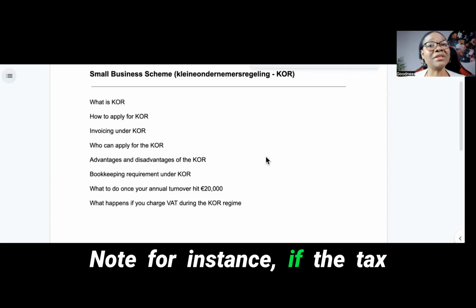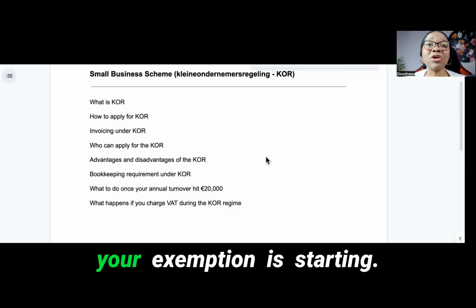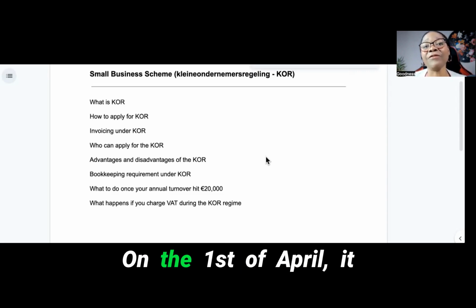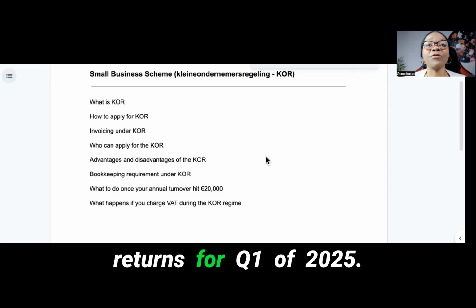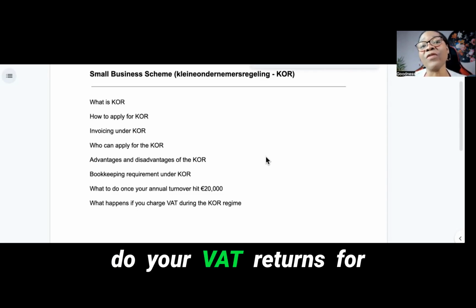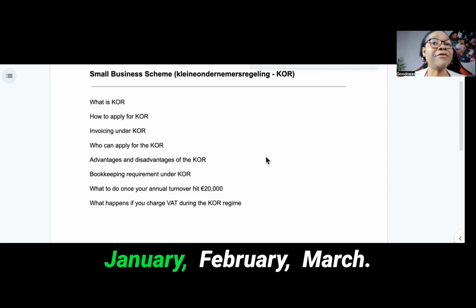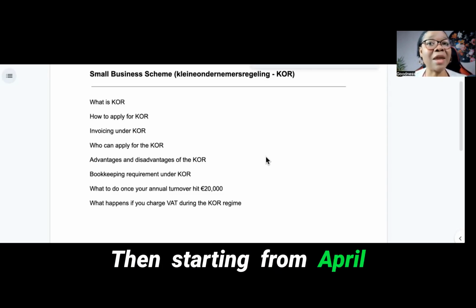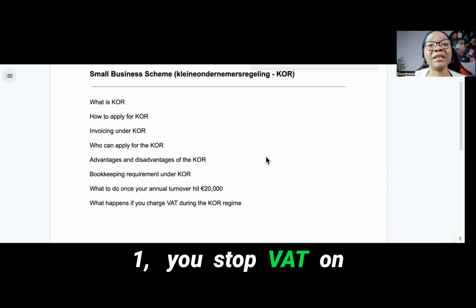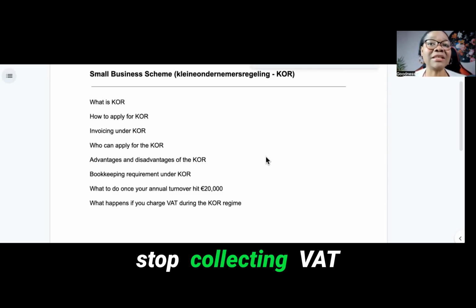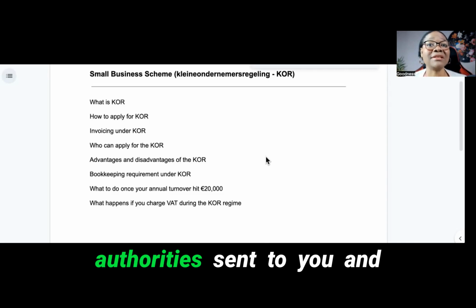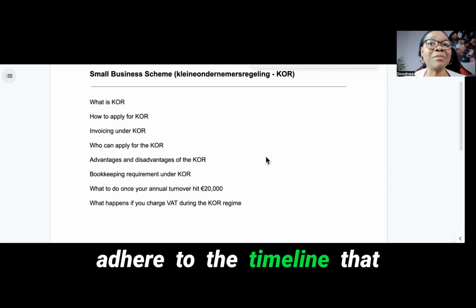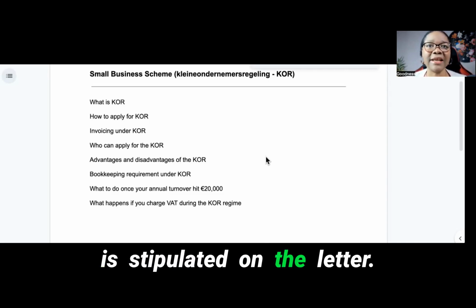Note, for instance, if the tax authority says your exemption is starting on the 1st of April, it means that you still need to do your VAT returns for Q1 of 2025. And in April, you will do your VAT returns for January, February, March. Then starting from April 1, you stop adding VAT on your invoice and you stop collecting VAT from your customers. That is why you need to read the letter that the tax authority sent to you and adhere to the timeline that is stipulated on the letter.